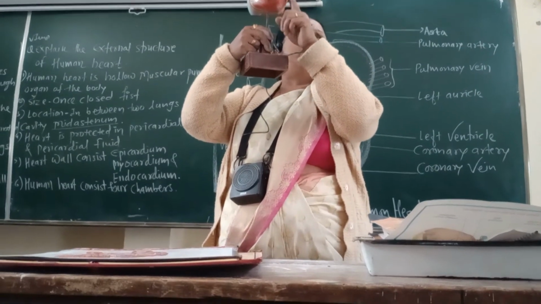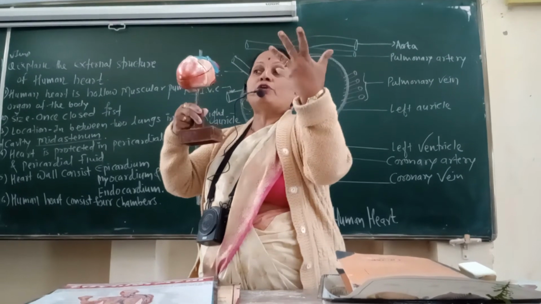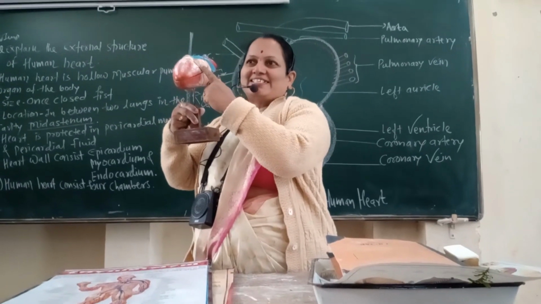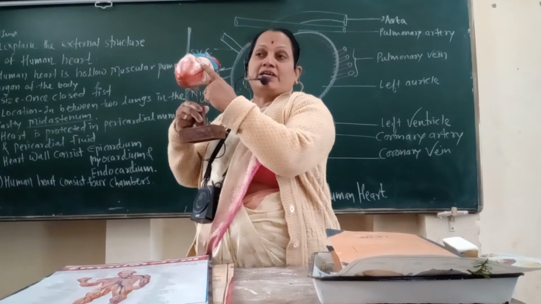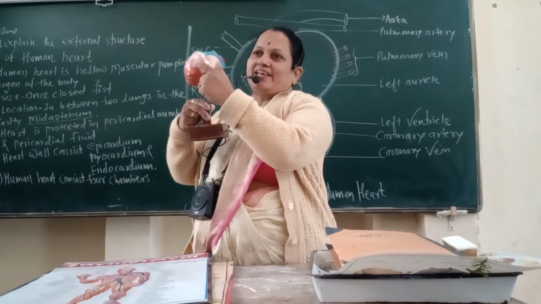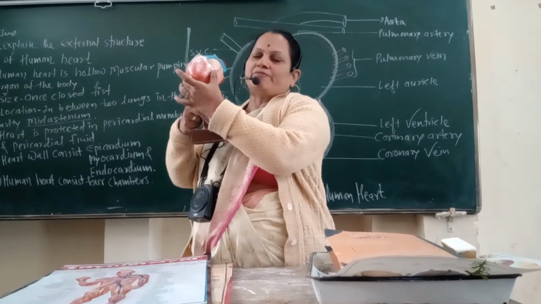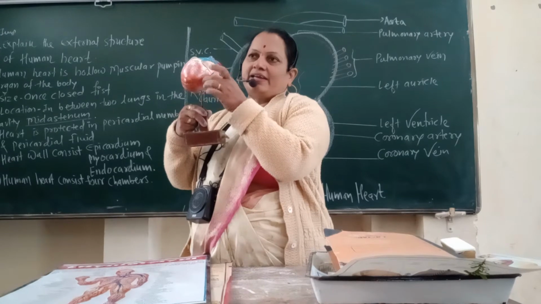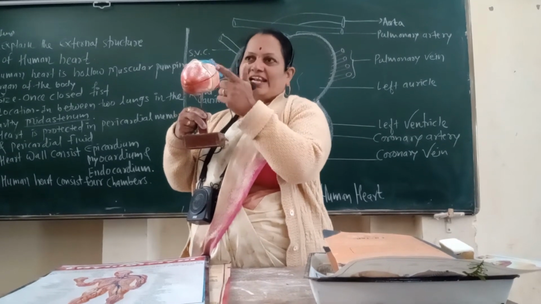The heart supplies pure blood to the whole body, but the heart itself is supplied with pure blood by this coronary artery, and impure or deoxygenated blood from the heart wall is collected by coronary veins. Coronary artery and coronary veins.